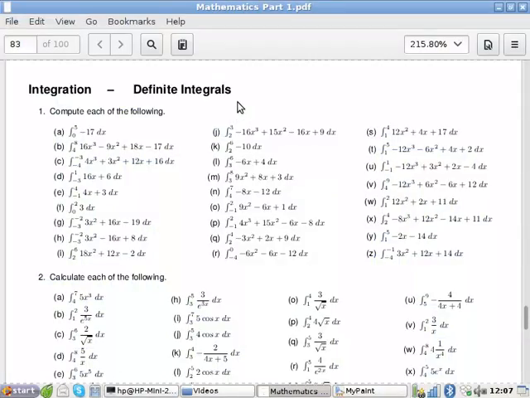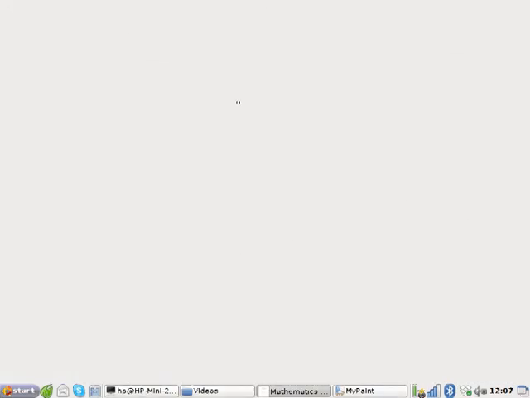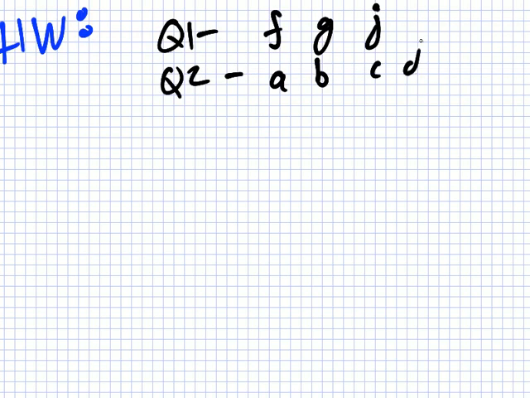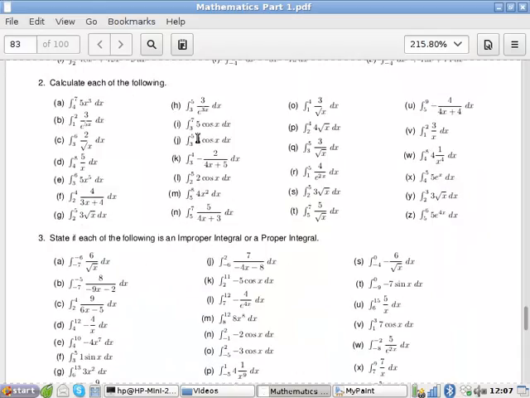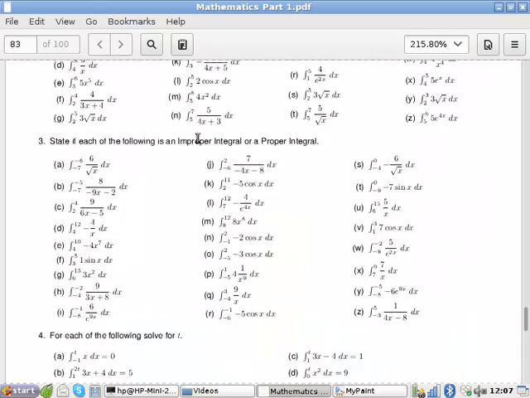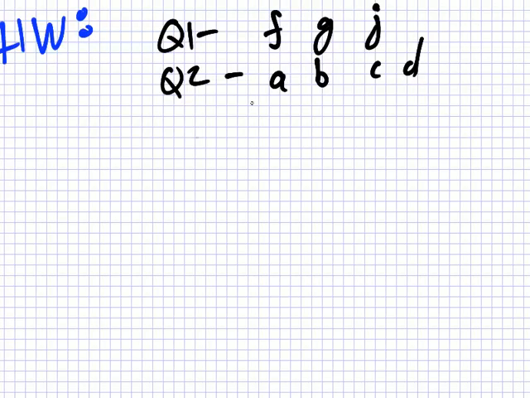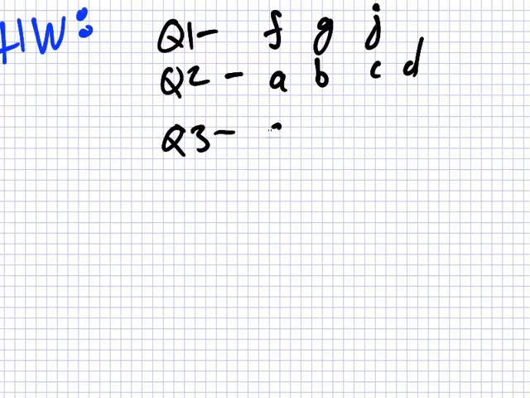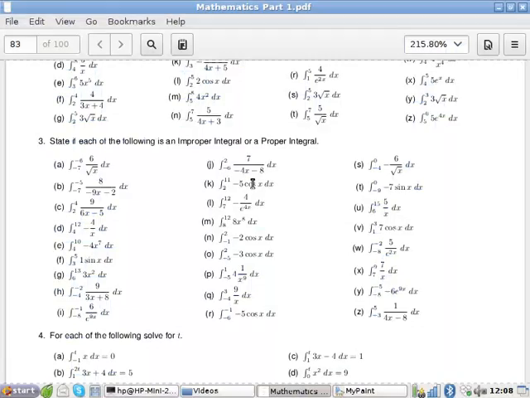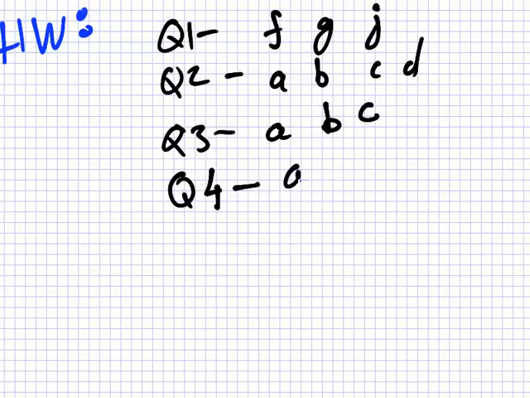Question 2, A, B, C, D. And then question 3. Question 4, A, B, C, D.